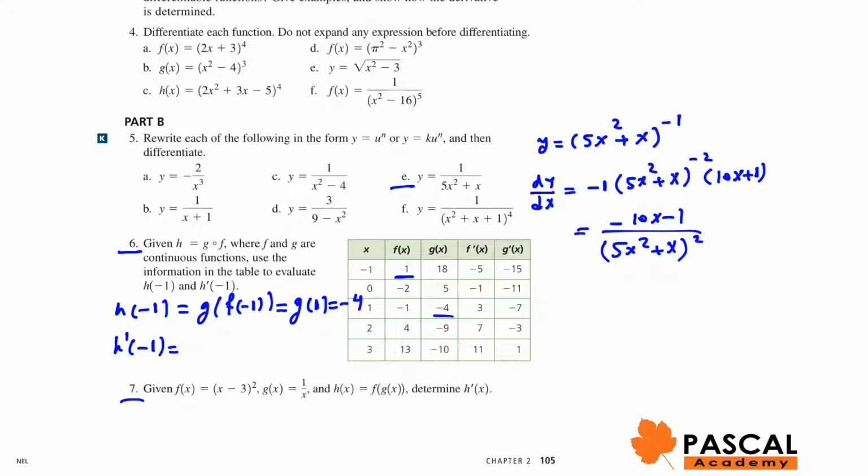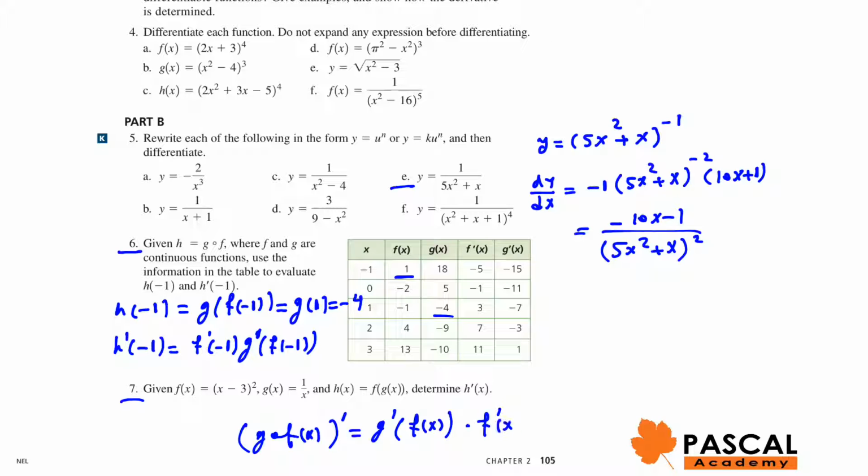h prime of negative 1 is f prime of negative 1 times g prime of f of negative 1. Chain rule: derivative of g of f of x is g prime of f of x times f prime of x. f prime of negative 1 is negative 5.